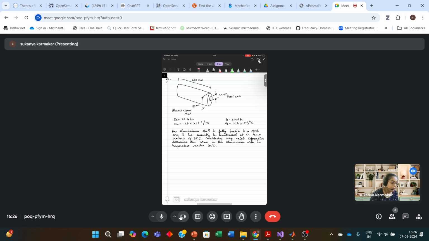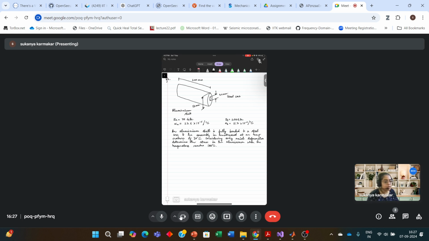So, more expansion in aluminum, less expansion in steel. But both are bonded, so aluminum will have to expand less, steel will have to expand more.